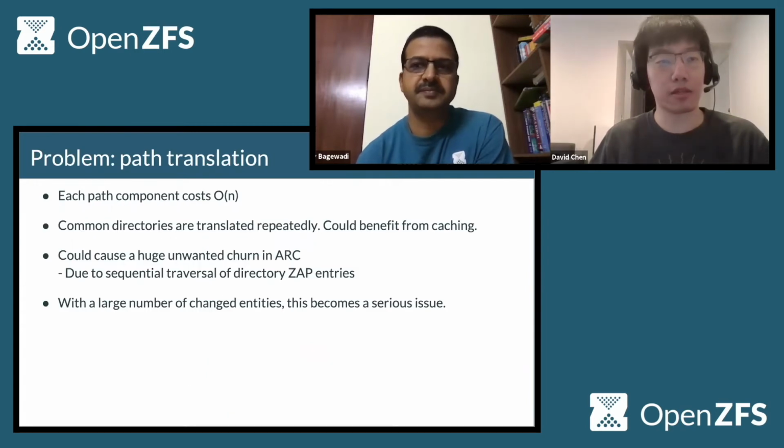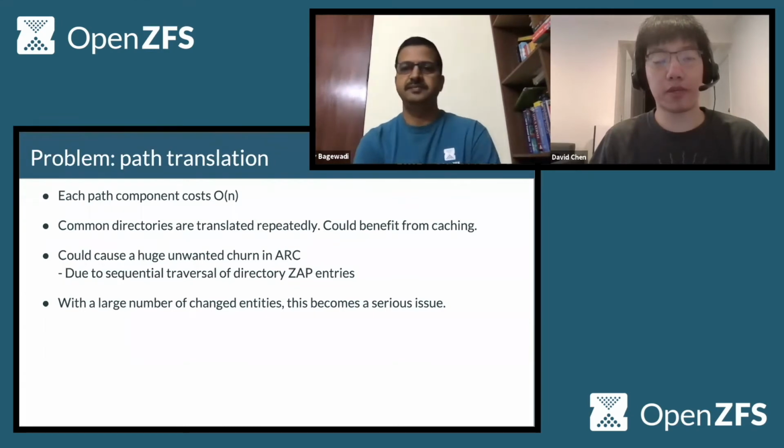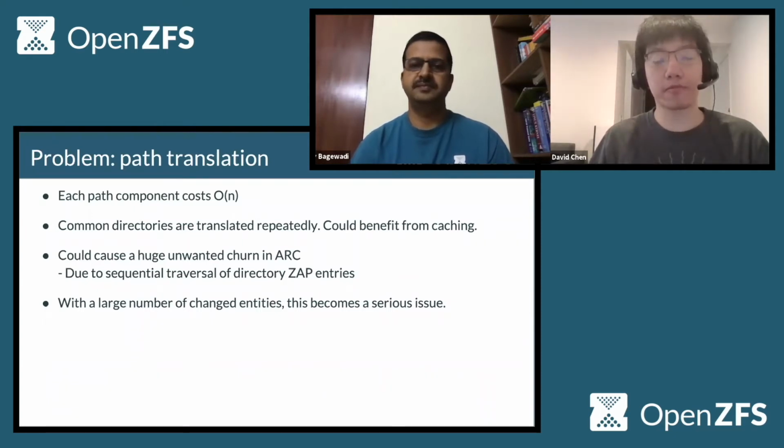Because of the linear search, each path component costs O(n). If you multiply by how many layers deep your file is, it adds up a lot.